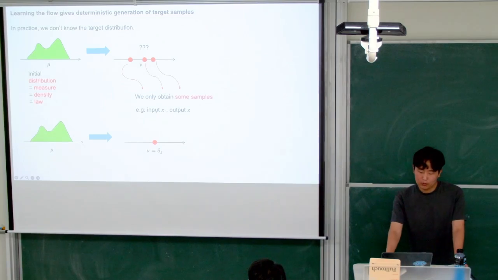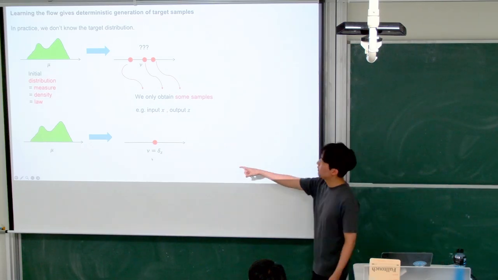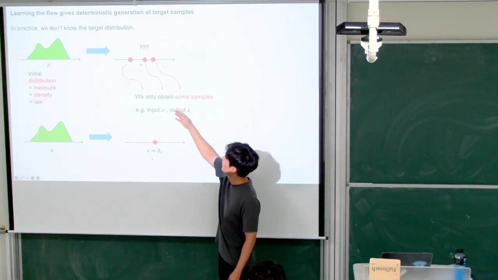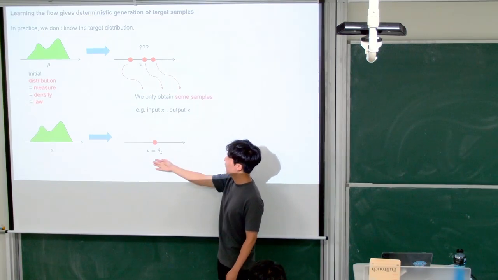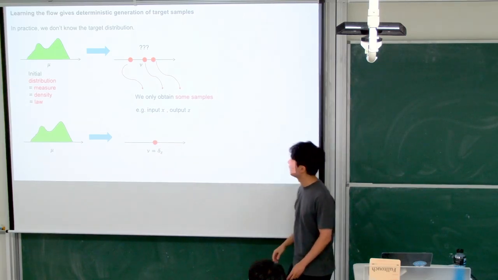In order to generate something in this situation, we first think about transforming the initial distribution mu to nu, only one point. Instead of thinking of the whole distribution, we just think of a one-point distribution, which is a Dirac delta.